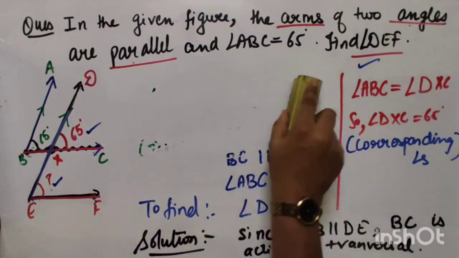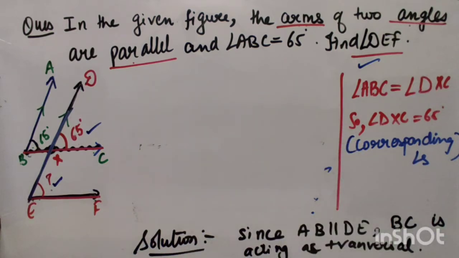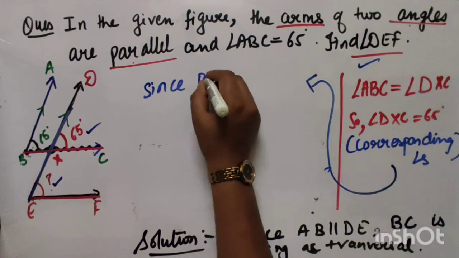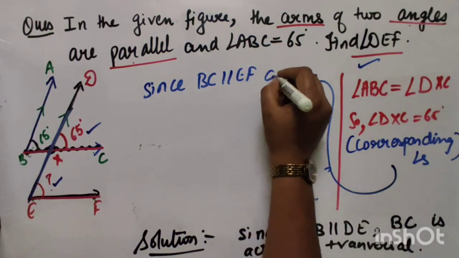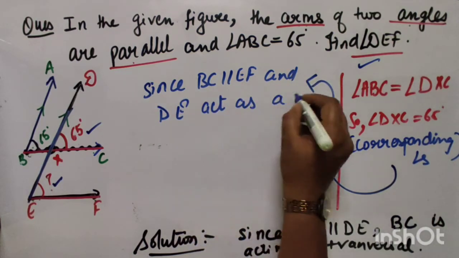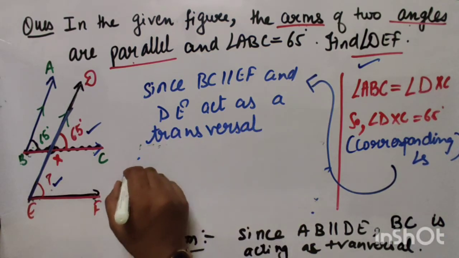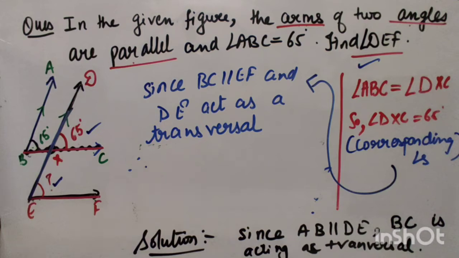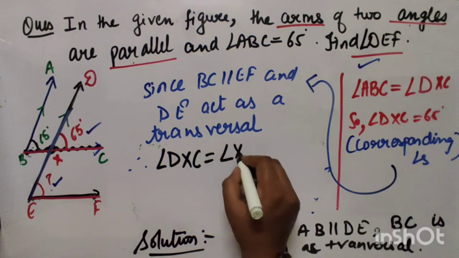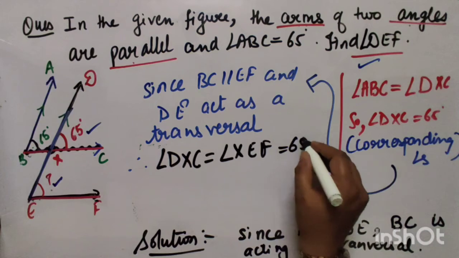Let me show you how we are going to write it, using the same thing. Since BC is parallel to EF and DE acts as a transversal here, therefore angle DXC equals angle XEF, that is 65 degrees.